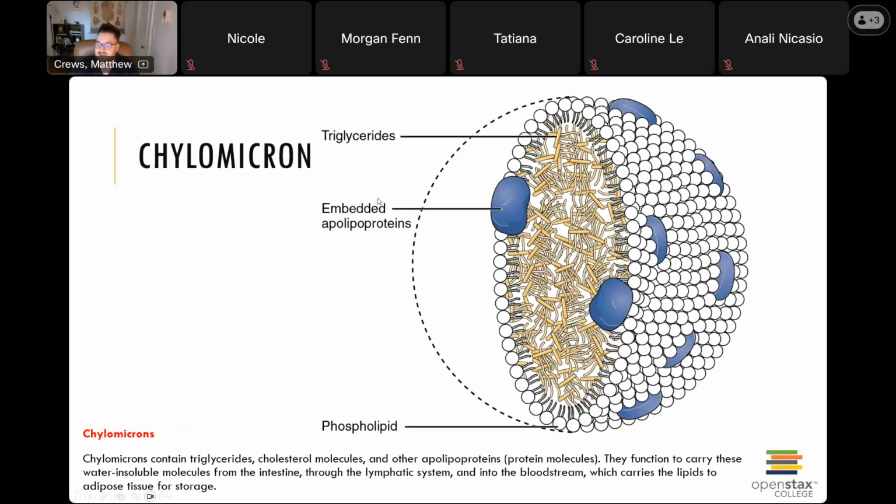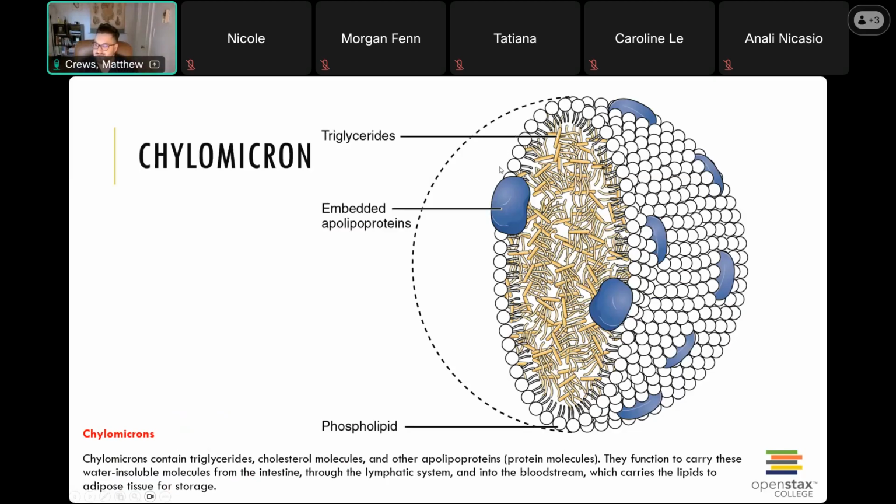So a chylomicron is a whole bunch of triglycerides, monoglycerides, and other fatty acid chains that turn in on each other because they're fat soluble, and they put their water soluble side facing out, right?